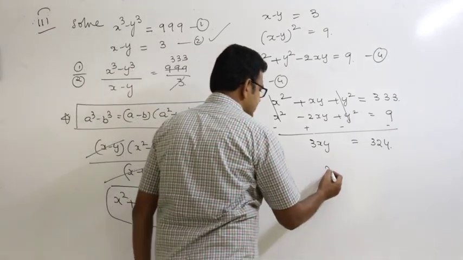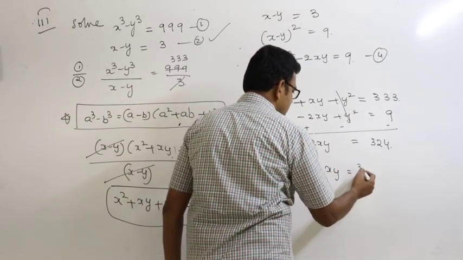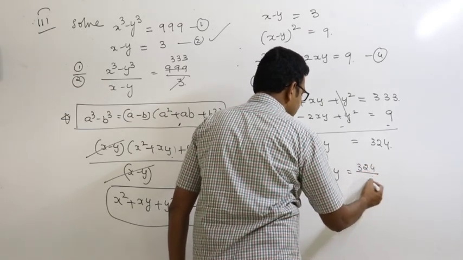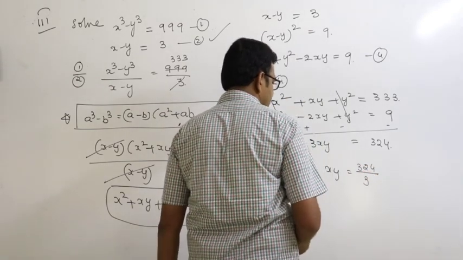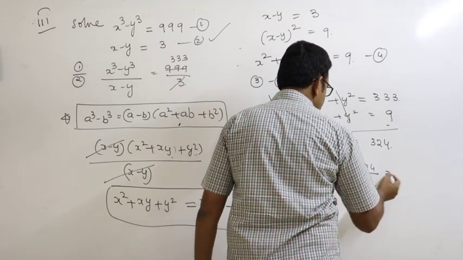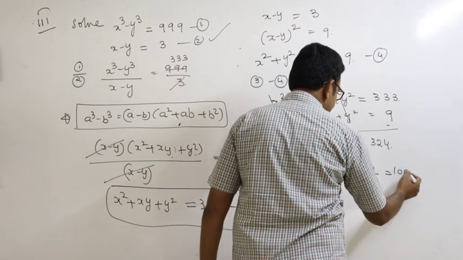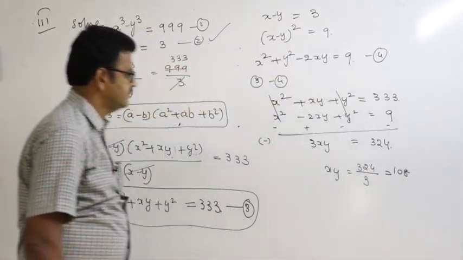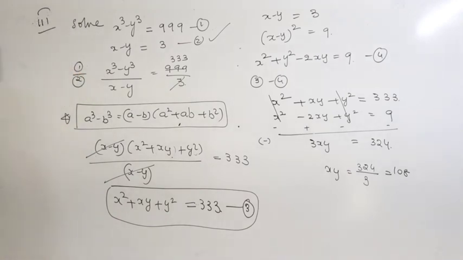Therefore, xy is equal to 324 by 3, which is 108. xy is equal to 108.